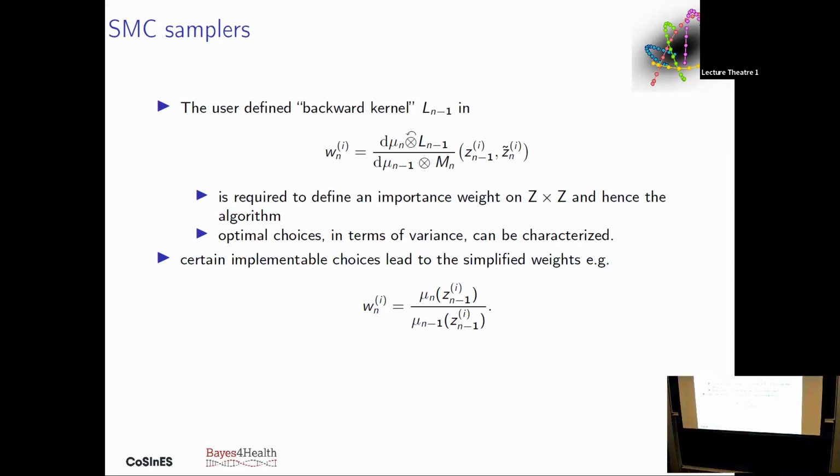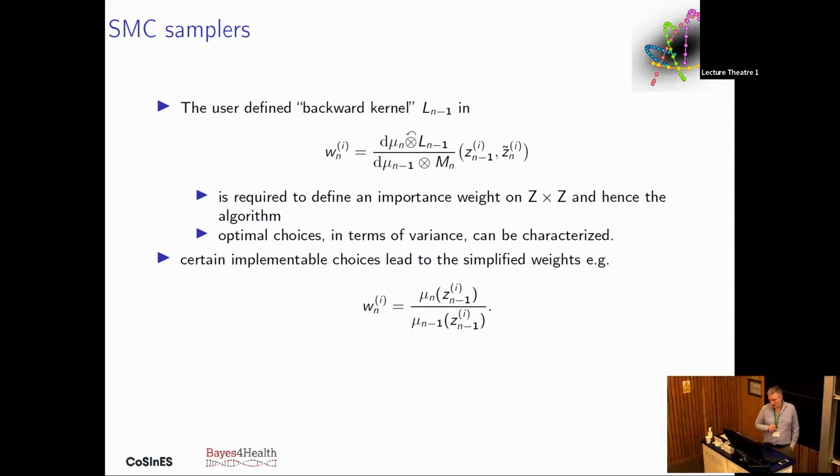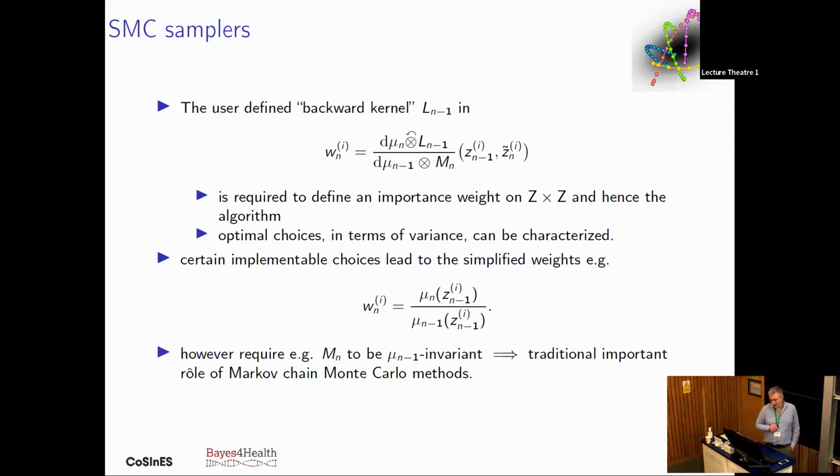But of course, we could be more general. In some cases, for certain choices of L_n, we are going to get weights that simplify to this simple and familiar expression of the importance weights.